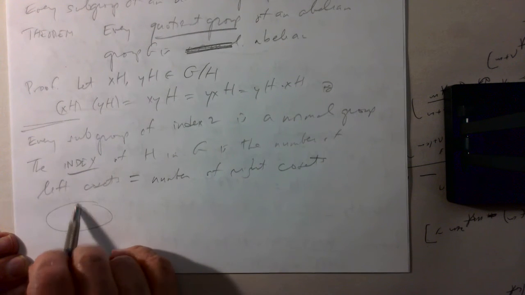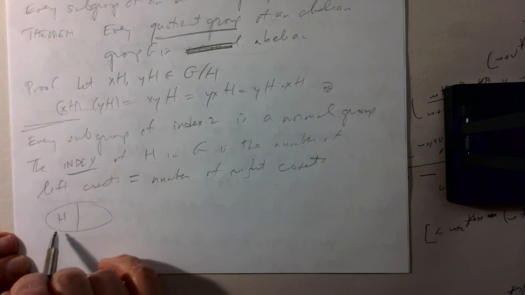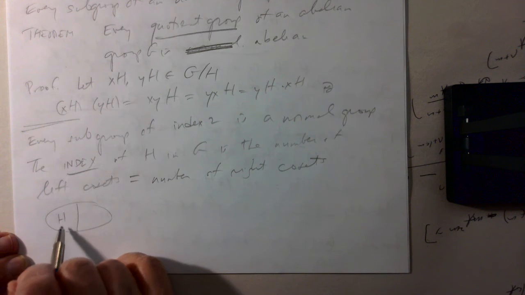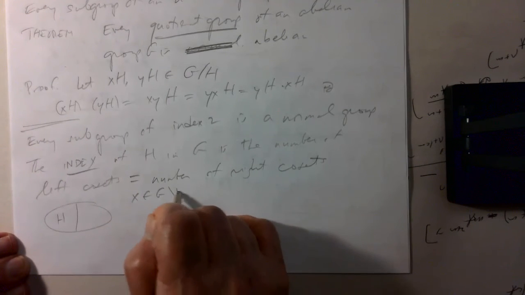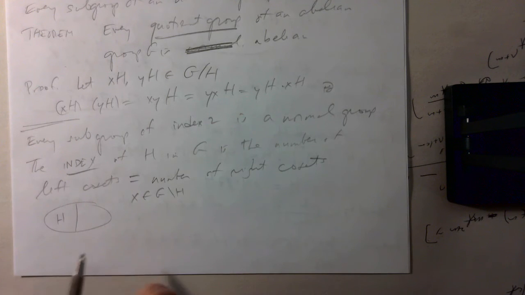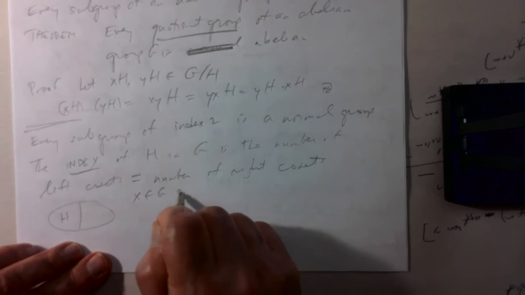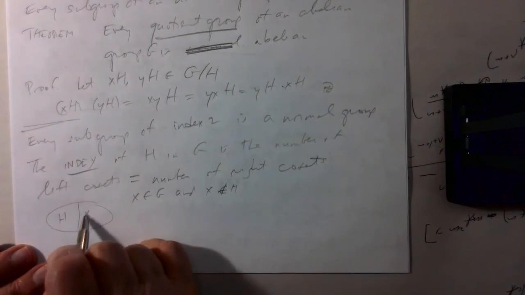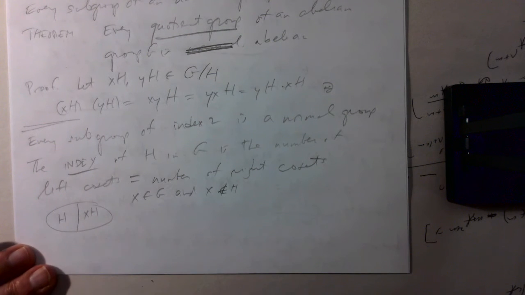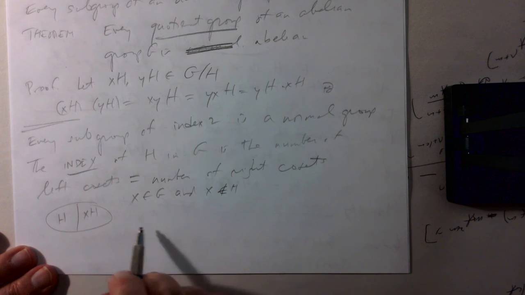Suppose we have a subgroup of index 2. Here's the group H. If you take any element of the group G which is not in H, so x is in G but not in H, then if I take the coset xH, that's different from H, because x is in one but not the other. And there are only two cosets, so that has to be equal to the whole group.